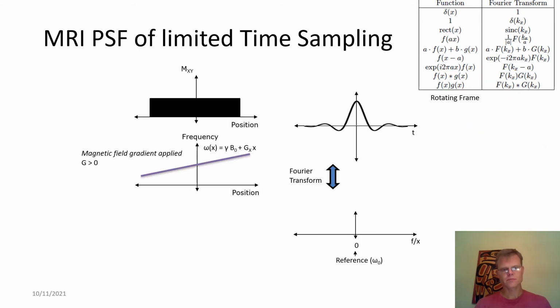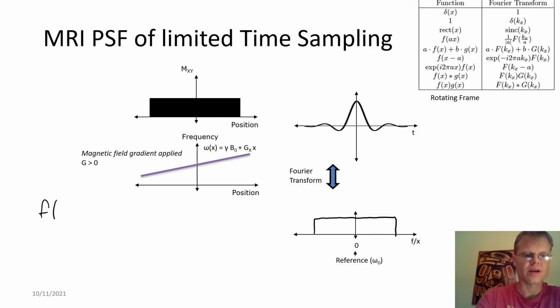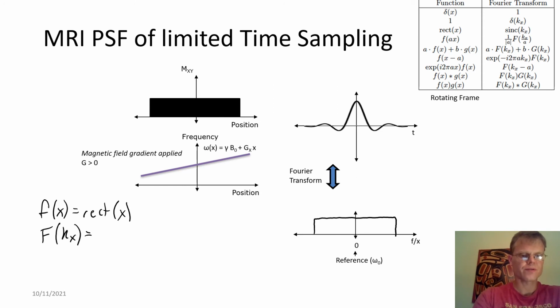Okay, so that was maybe a little more clear to understand in the previous example of the 3 point objects, but what does it look like in the case of this rect object, where now nominally we would reconstruct a rect function and we'd have our f of x is our rect of x, therefore the Fourier transform is the sinc, and I'll use this kx notation.